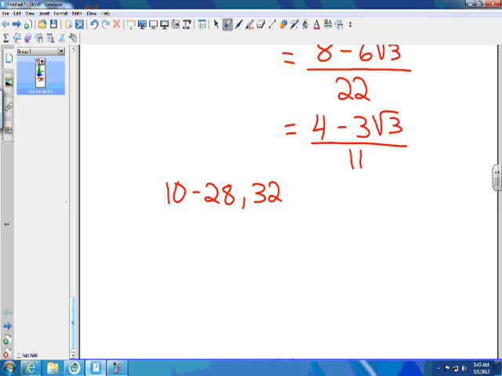So 10 through 28 and then 32. So we're just going to skip 30 there. And then 38 through 49. These are evens. 38 through 49. That section is all.